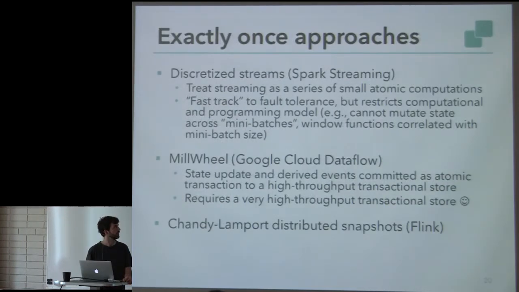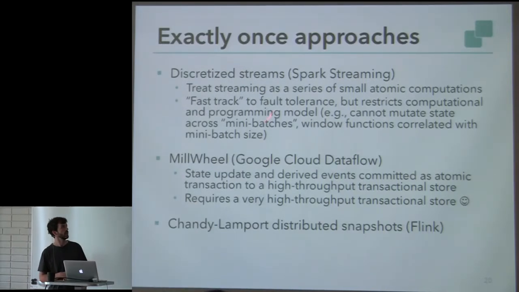I don't want to go into too much detail because I know Gyula and Paris want to say something about this, but there are different approaches to solve this problem. In Spark, they do mini jobs, like we heard before, and that works well, but it has quite high latency, and it can be tricky, I think, if the state gets bigger.